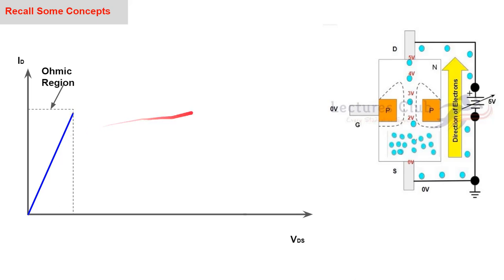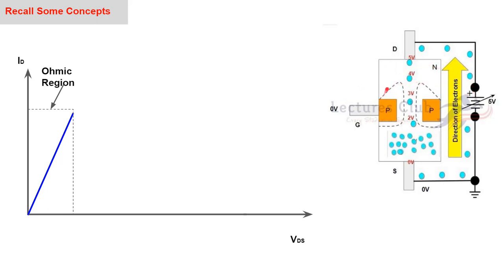But after that, when you keep on increasing the drain to source voltage, this depletion region will definitely increase, because the potential difference between the drain and the source is increasing. The gate is made of p-type material and is at a lower potential, and the drain is made of n-type material and is at high potential.